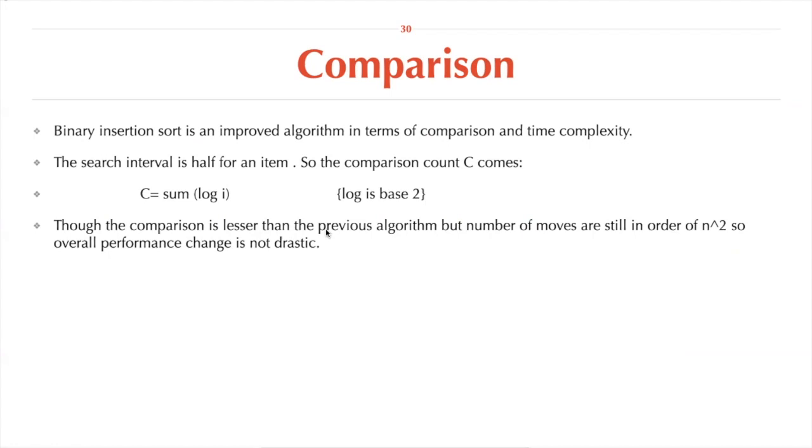Obviously, this is the better approach and the time complexity is lesser, but there is not a huge change because the number of moves is not reduced very much, but still the comparisons are fewer. So this is the improved version of the basic insertion sort. Yeah, so that was the difference between these two insertion algorithms.